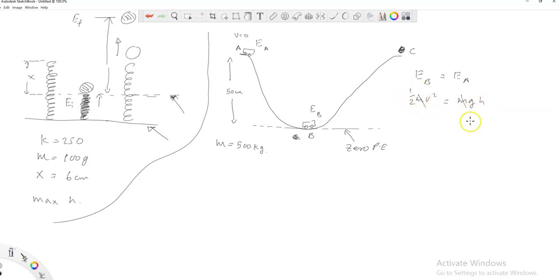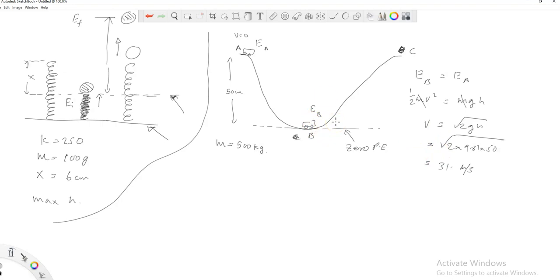Again m cancels out, so we have v equals the square root of 2gh, which is the square root of 2 times 9.81 times 50. I think we did an example with similar numbers, so it's 31 point something meters per second. The velocity down here is going to be this.